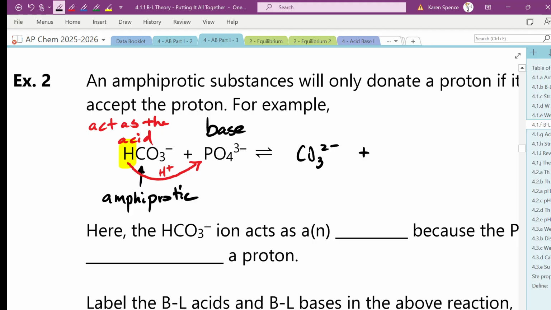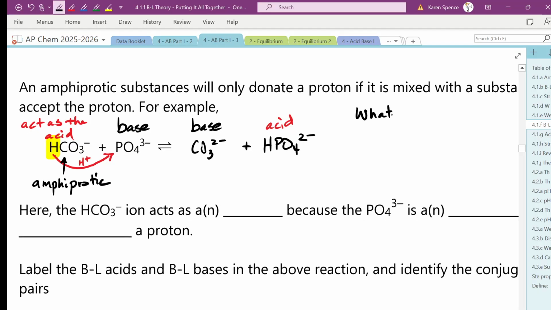And the second product is going to be HPO4 2 minus. I got carried away. There we go. Who are the acid and the base in the reverse reaction? HPO4 2 minus is the acid, and CO3 2 minus is the base.